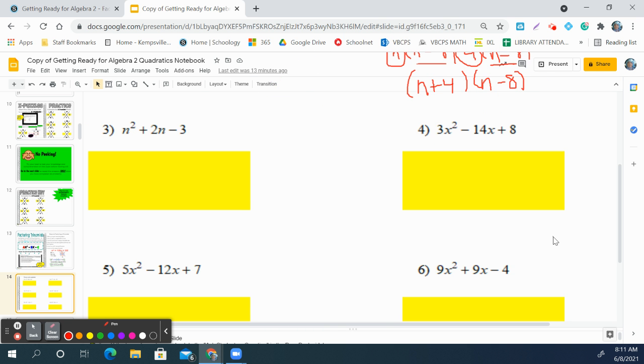So what about number 4? How would we start that? What goes in our X puzzle?